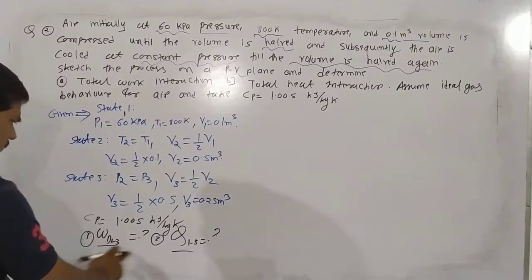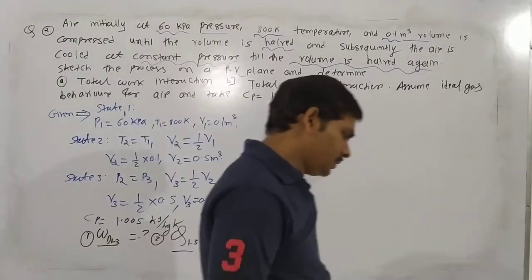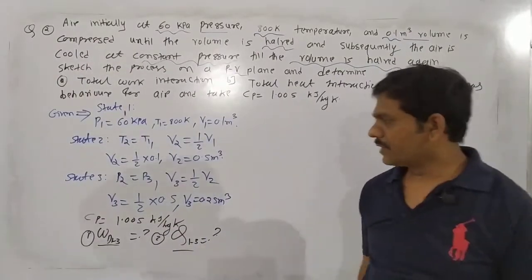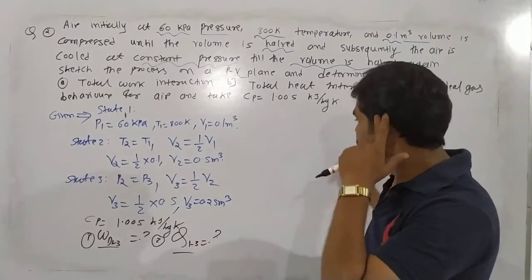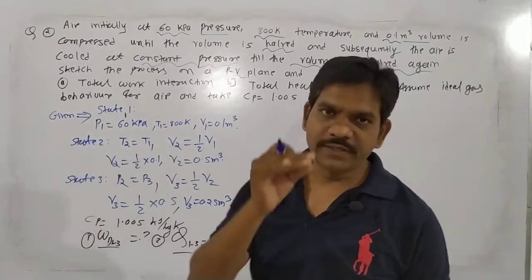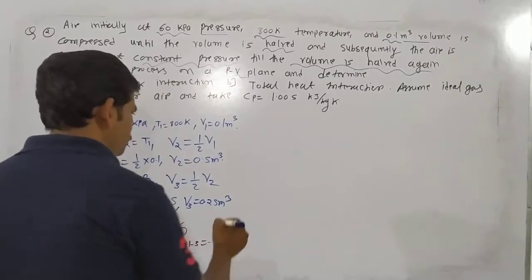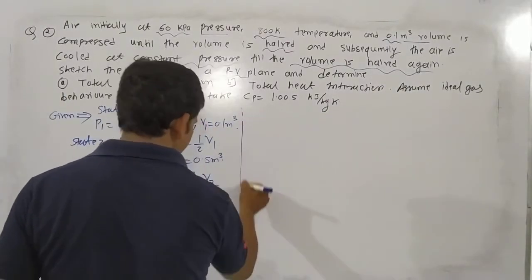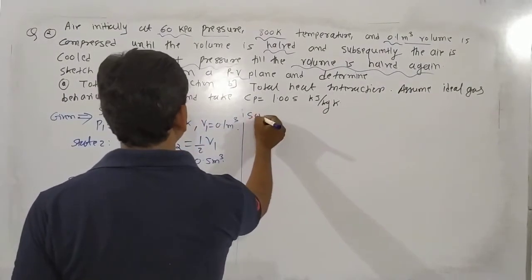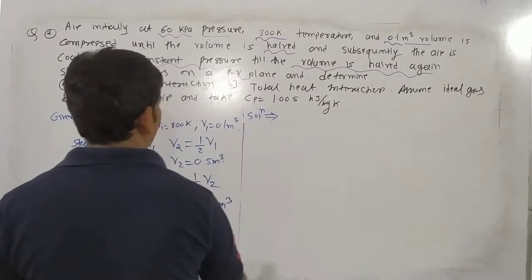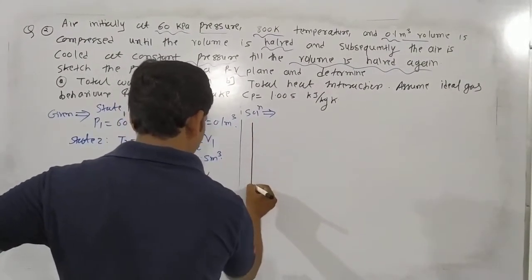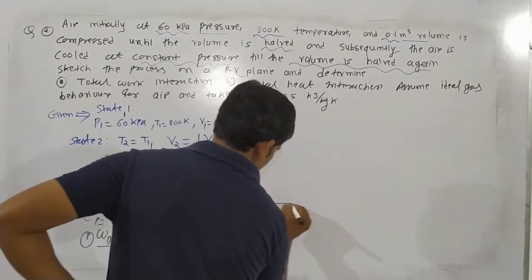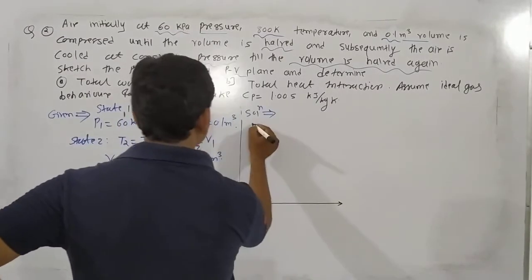Work done for the total. So here, look, boys. Sketch the process on the PV plane. We draw this process on PV. Solution: I draw the PV plane diagram, pressure versus volume.